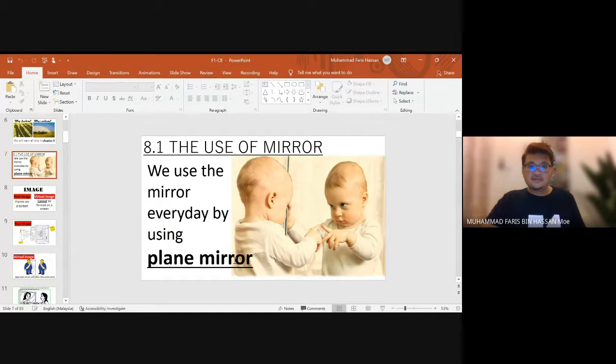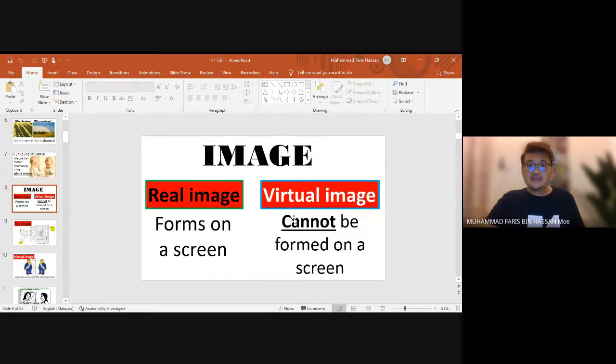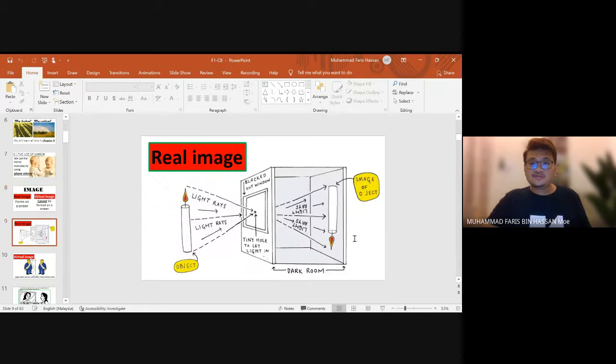We learned about the plane mirror, where we use this kind of mirror to see our face in everyday life. We got two kinds of images, a real image, which forms on a screen, and the virtual image, which cannot be formed on a screen.